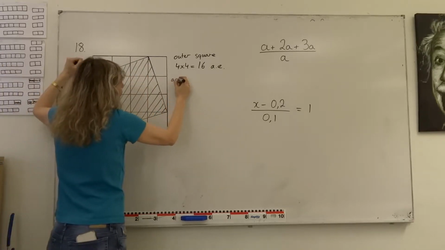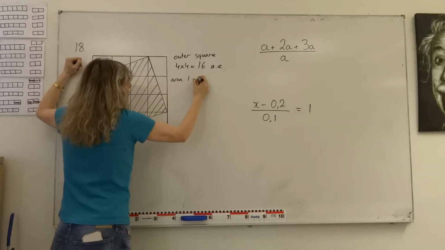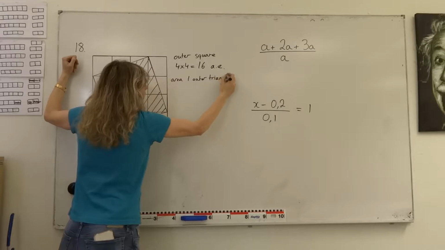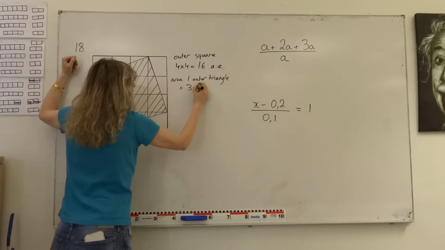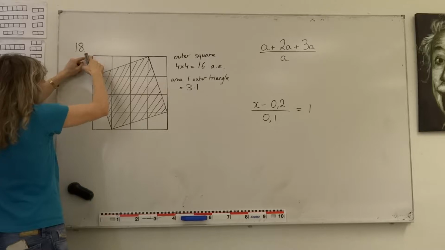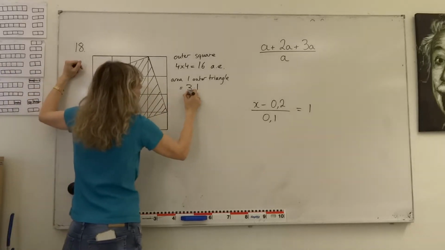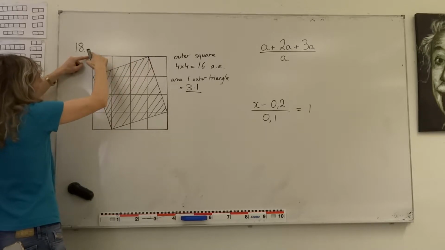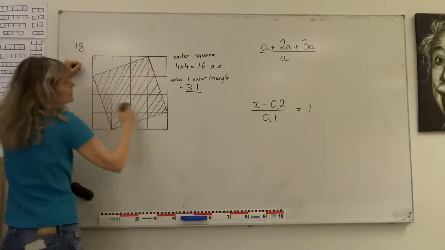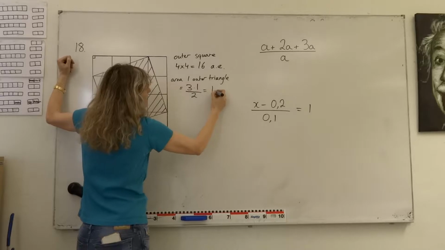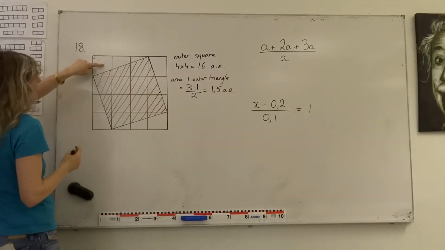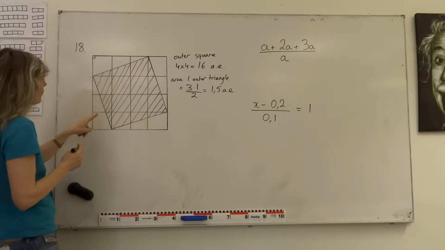The area of one outer triangle is 3 centimetres by 1 centimetre, the length times the perpendicular height, divided by 2. So that's 1.5 area units. But we actually have 4 of these triangles, 1, 2, 3, 4.